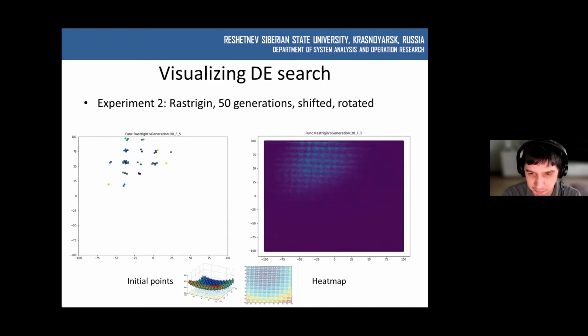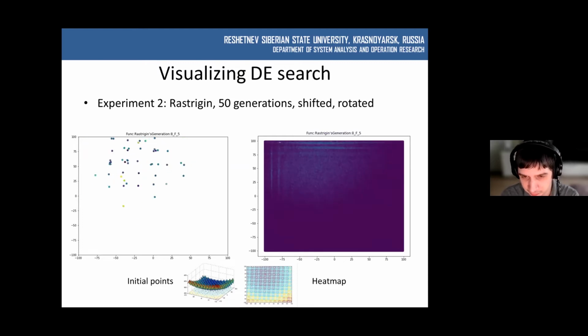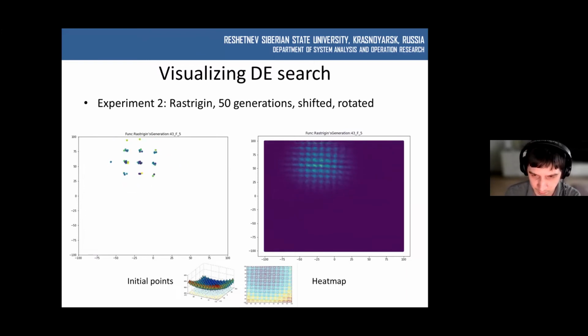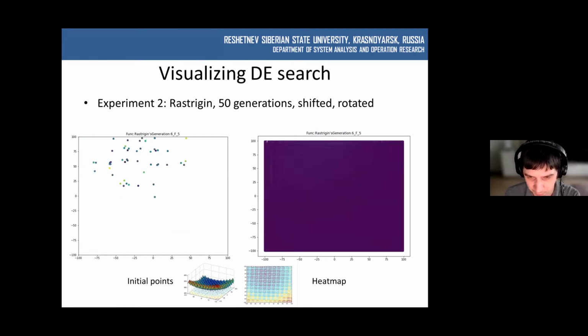And if you look on the right, there is something quite interesting happening. You can see the structure of the function itself. You can see the cells, and it appears that differential evolution samples points closer to local optima more often than between the optima.